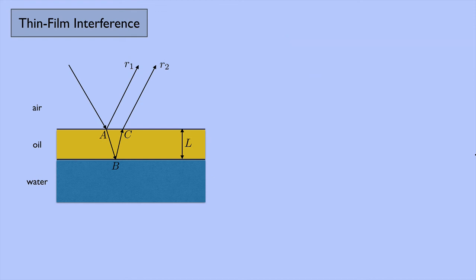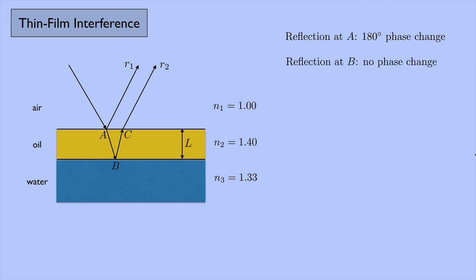Okay, let's change things around. Now let's have, again, air, index of refraction 1, but now let's make the oil have an index of refraction of 1.40, and then the water is still 1.33. So in this case, we still have a 180-degree phase change at A, but now at B, there's no phase change. Why is that? Well, look at B, that's right here, and then we're going from 1.40 to 1.33. 1.33 is smaller than 1.40.